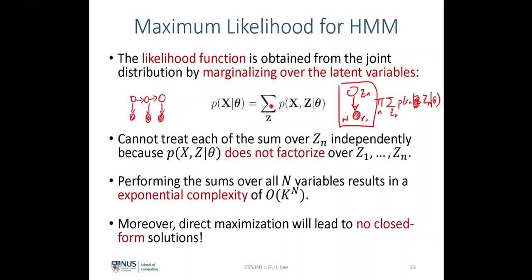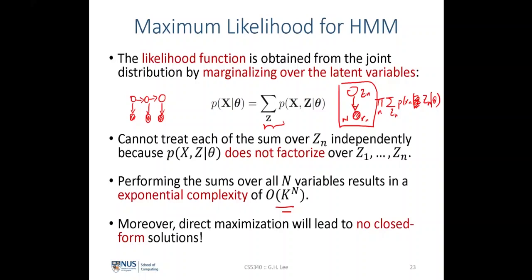What this means is that we would have to perform the marginalization over all the n Z's, the latent random variables that we have, where each one of them is going to take K states, and altogether we would have a complexity of K to the power of N in just performing this marginalization alone.